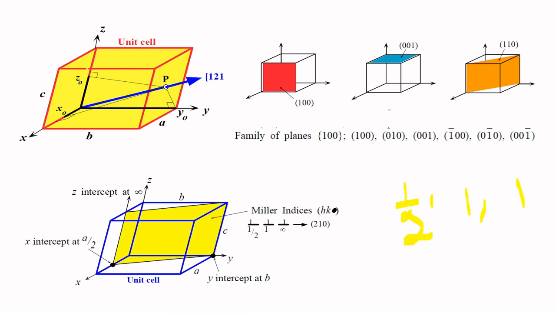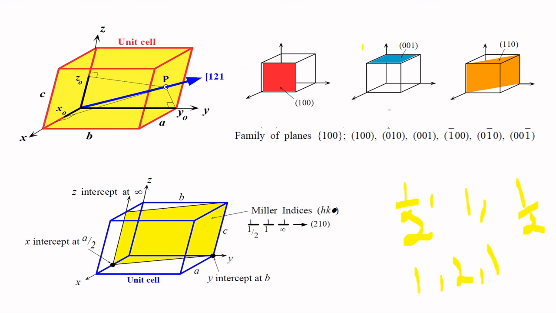Sorry, here z is 1 by 2; you can see it is at the mid half. Taking the reciprocal and multiplying with 2, you get 1, 2, 1. This is the final representation for this plane.